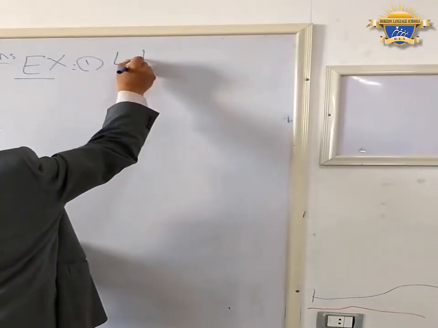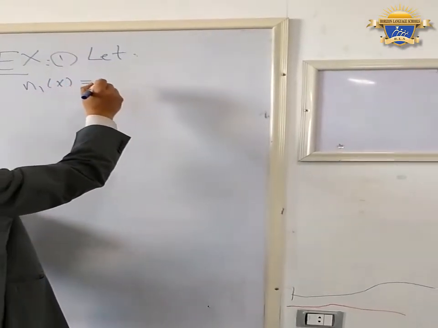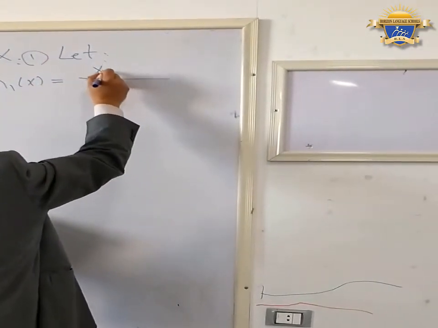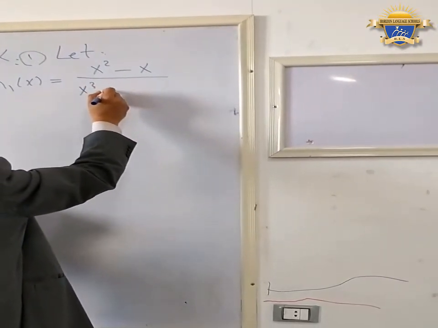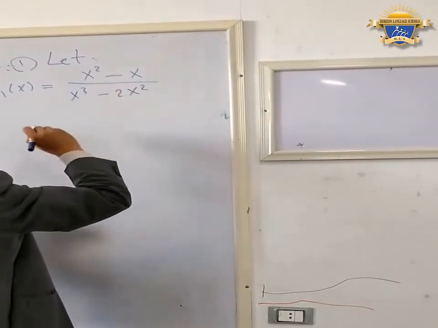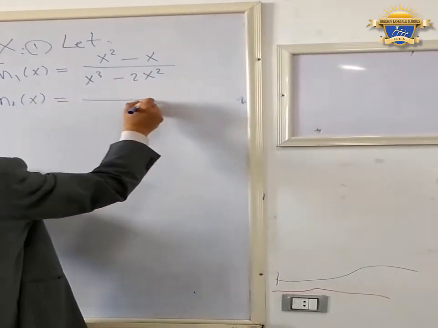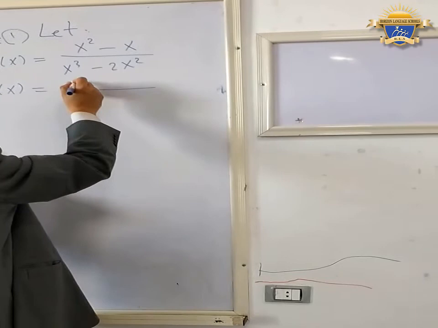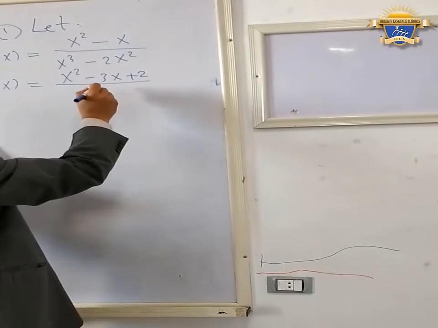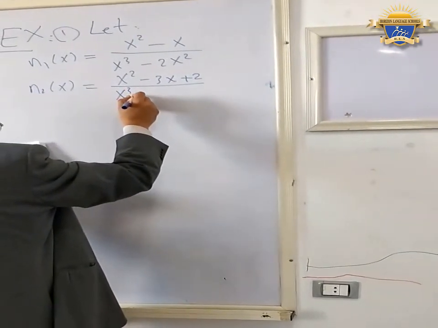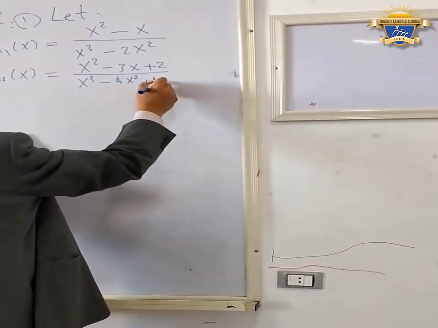Let n1 of x equal x squared minus x over x cubed minus 2x squared. n2 of x equals x squared minus 3x plus 2 over x cubed minus 4x squared plus 4x.